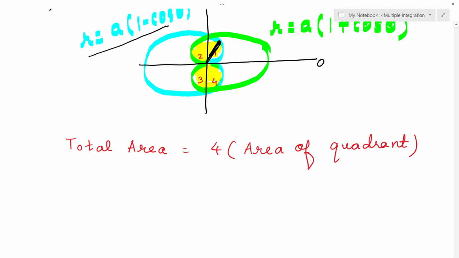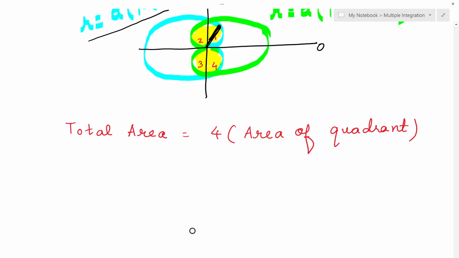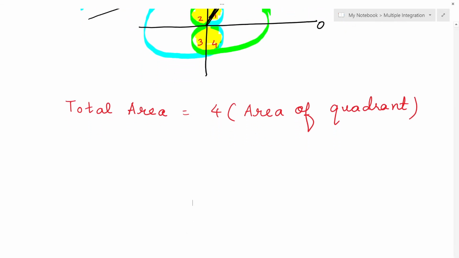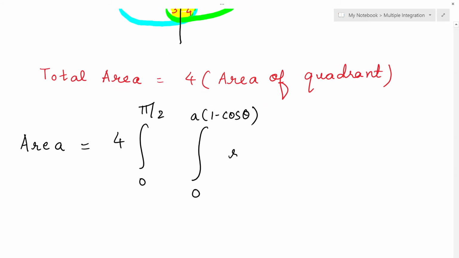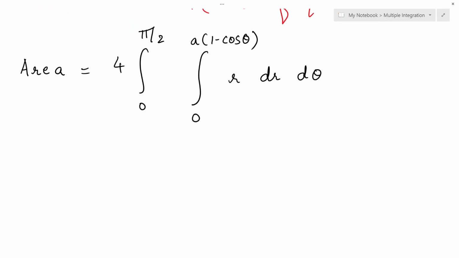It is r is equal to a into 1 minus cos theta, right? So my limits for r will be 0 to a into 1 minus cos theta. So the area will be 4 into 0 to pi by 2 since it's in the first quadrant, and 0 to a into 1 minus cos theta. Okay, so this will be my actual limits.